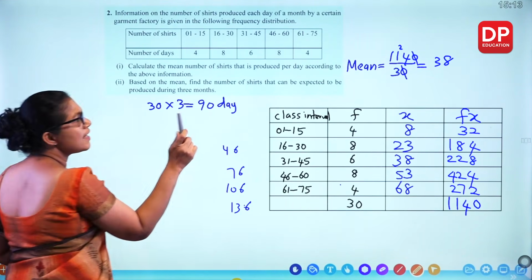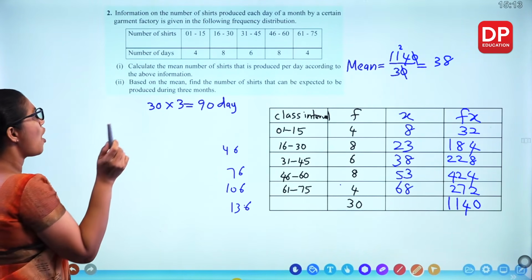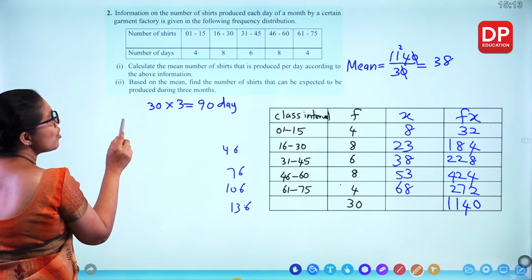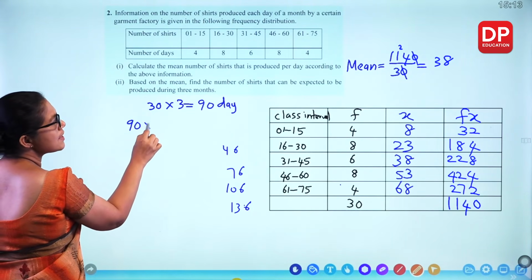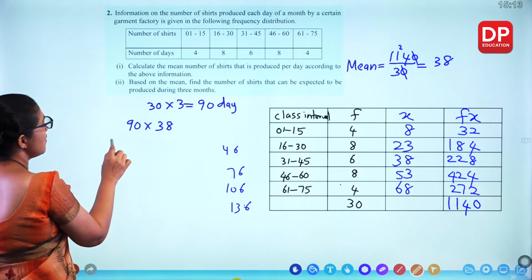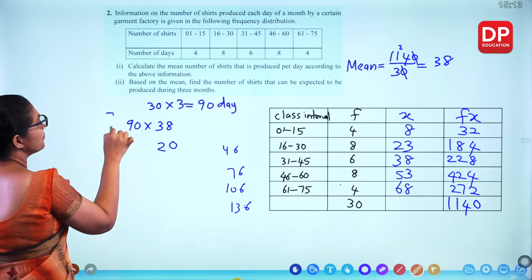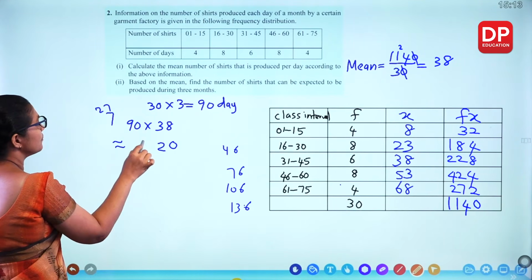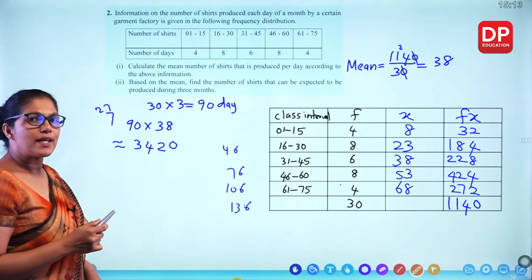So within a day, 38 shirts are produced. So how many shirts altogether for 3 months? 90 times 38, roughly 3,420 shirts.